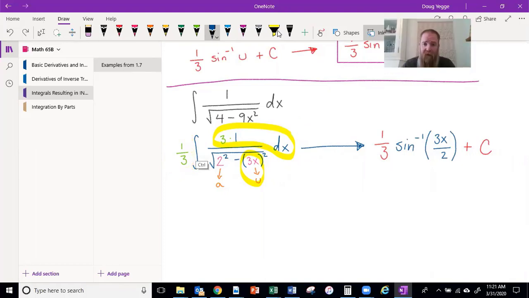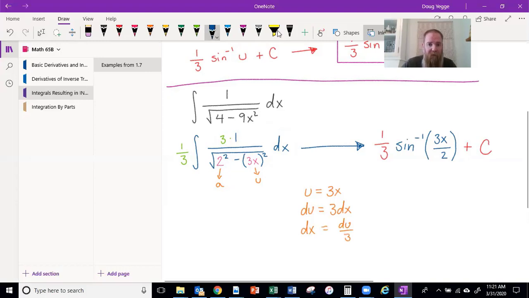Another way you could have done it, which is totally fine as well, is you could have physically done the u substitution. You could have said u equals 3x, du equals 3 dx, dx equals du over 3, substitute everything in, and you would have gotten the integral of 1 over the square root of 2 squared minus u squared times dx, which is du over 3. So there's du, pull out the 1/3, and I get exactly to the same place.